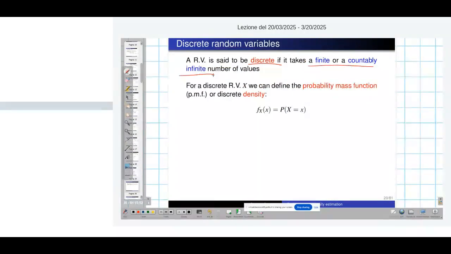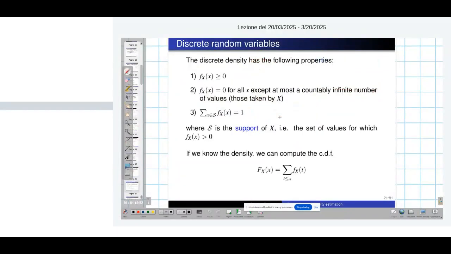For this discrete set of values, we can define what is called the probability mass function, which is also called discrete density. That's the probability that x will take exactly that value. And it has this property: it's always greater or equal than 0. It will be 0 for all the values that the random variable cannot take.